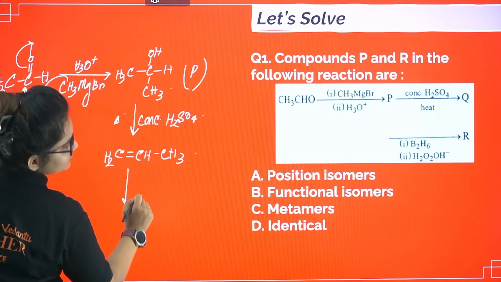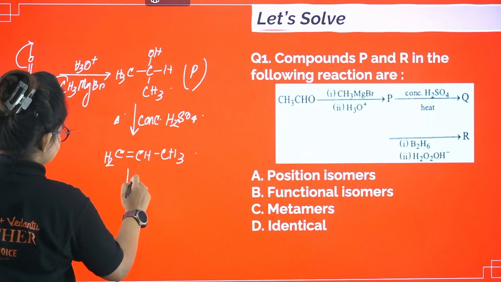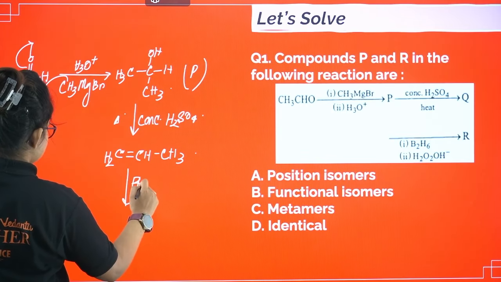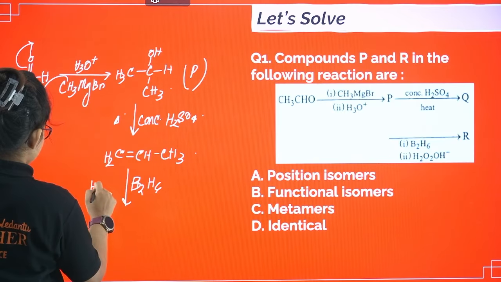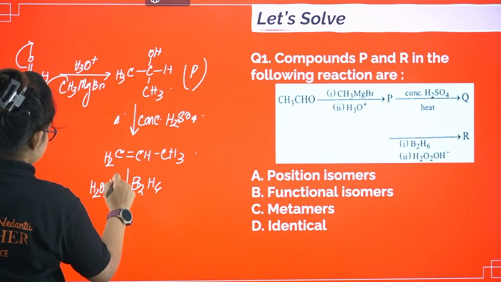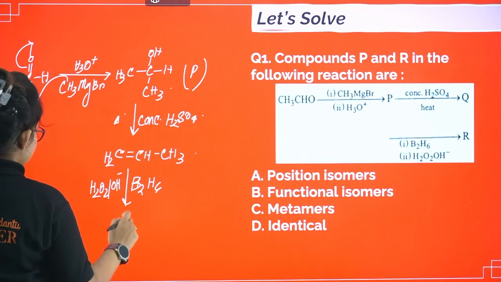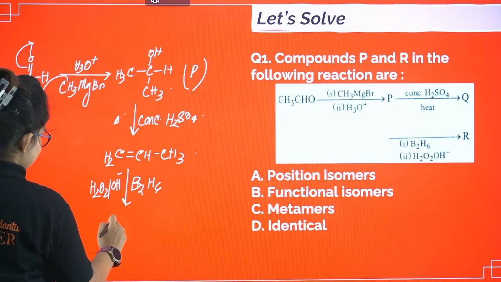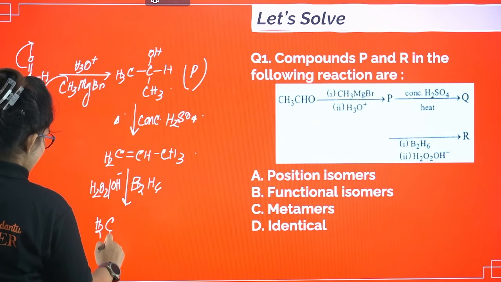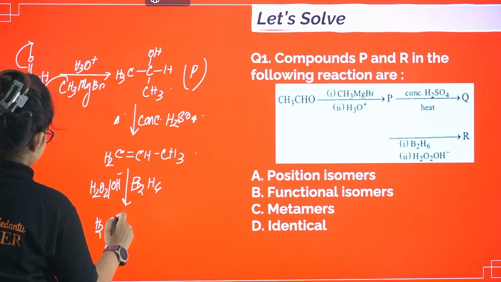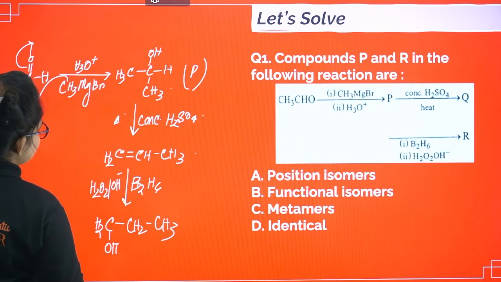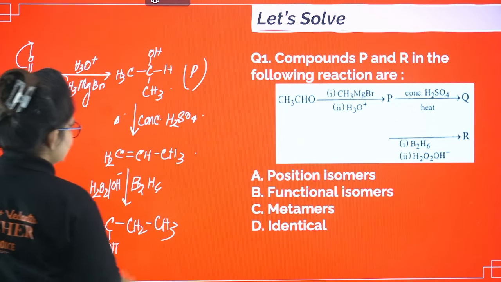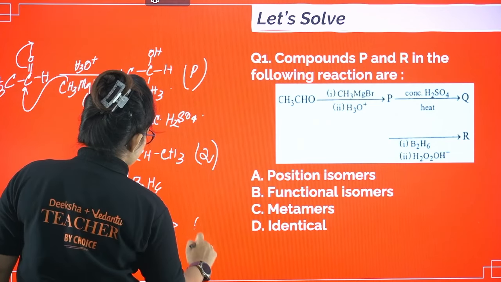Further, if you do hydroboration oxidation, giving B2H6 and then H2O2 in OH- media, you will get the OH at the terminal carbon, CH2(OH)CH2CH3. Now this is my Q, this is my R.